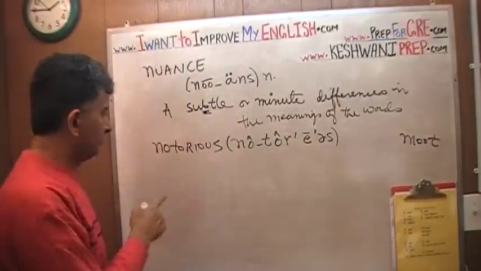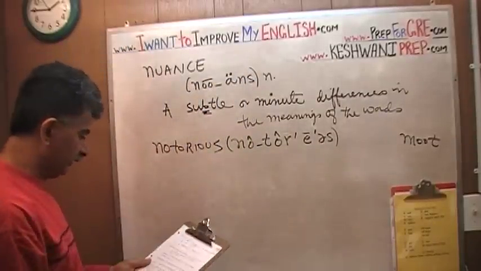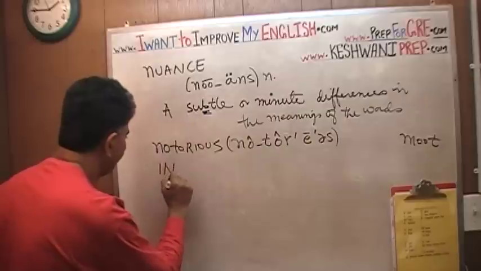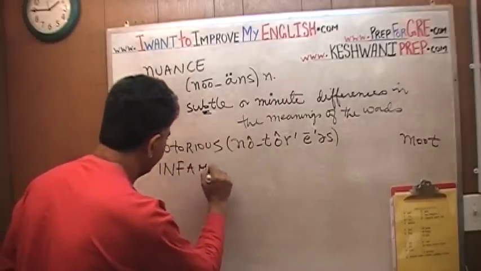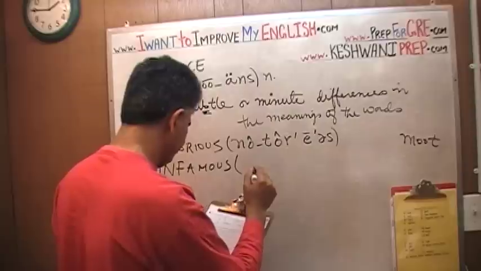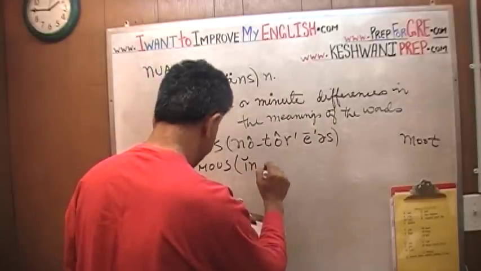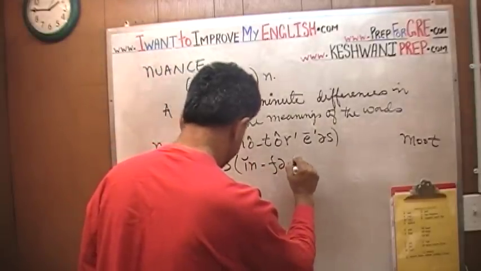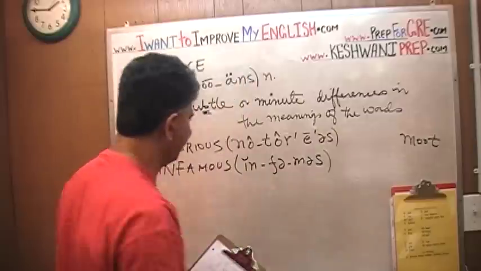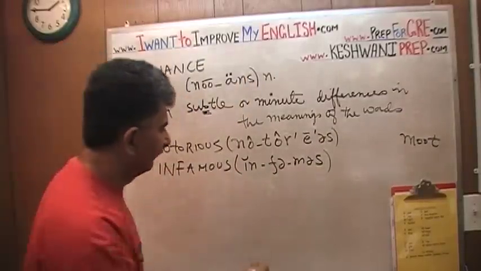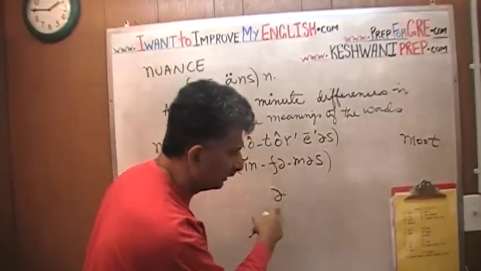So, notorious. Can you tell me the difference between this word, notorious, and this word, which is pronounced infamous? This right here is pronounced as in about.